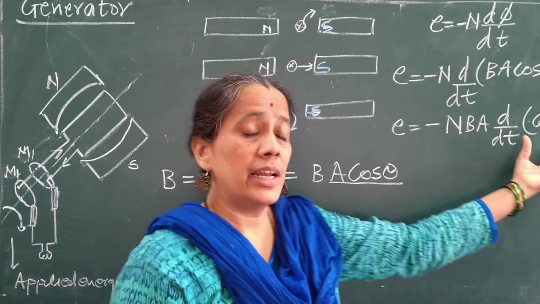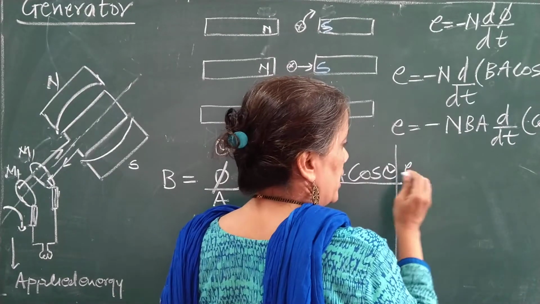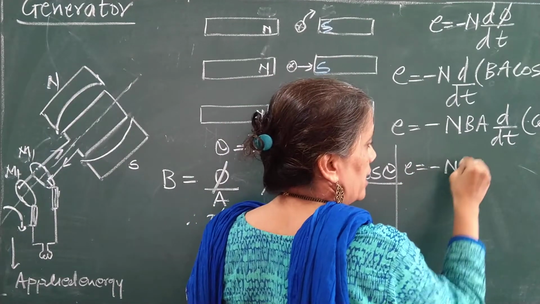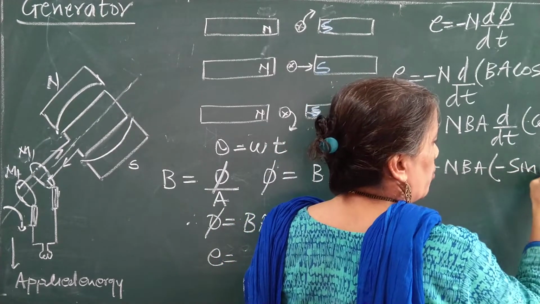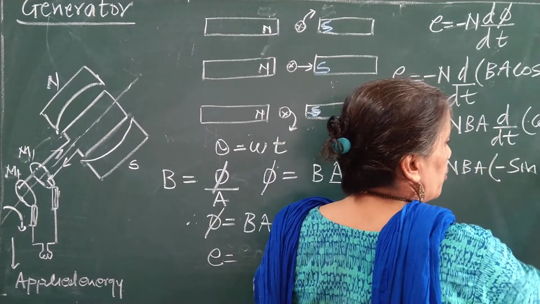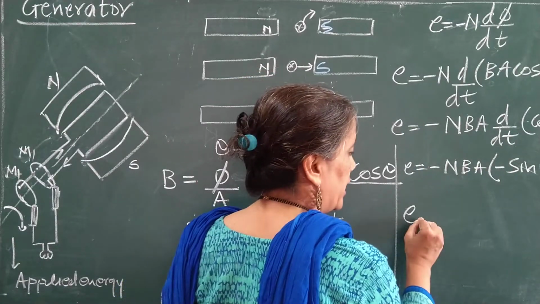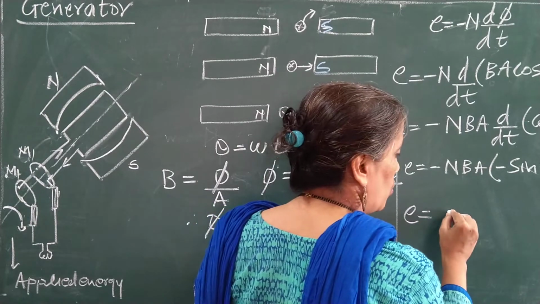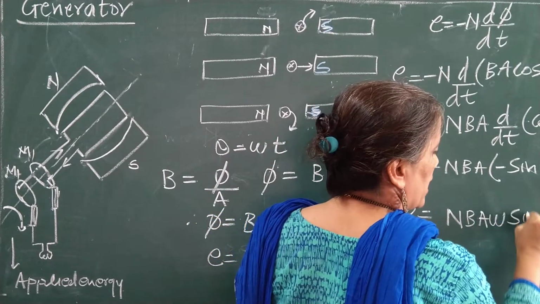The derivative of cos omega t is minus sin omega t. So E is equal to minus NBA into bracket minus sin omega t, and the derivative of omega t is omega. Minus minus becomes plus, so I am getting EMF equal to NBA omega sin omega t.